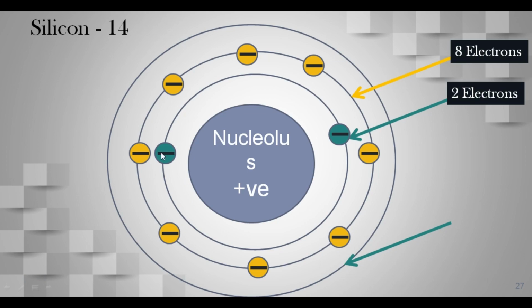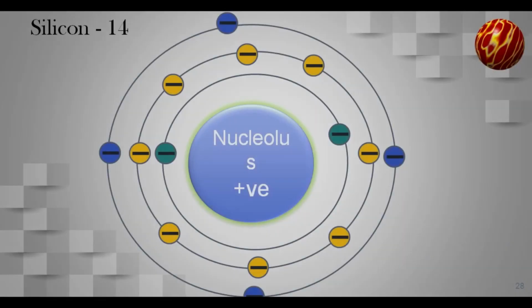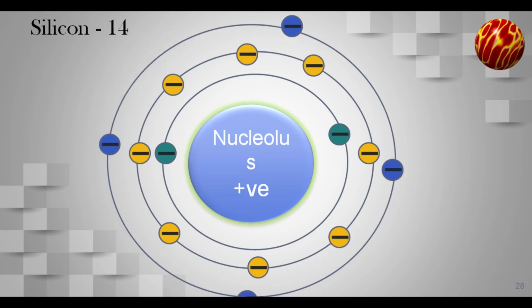So, 2 we consumed in band 1, 8 we consumed in band 2 or shell 2. So, total 10. Remaining 4 remain in the outermost shell. So, outermost shell is also called valence shell or valence band. In silicon as well as germanium, the outermost electron number is 4. So, that is something very important in terms of silicon.